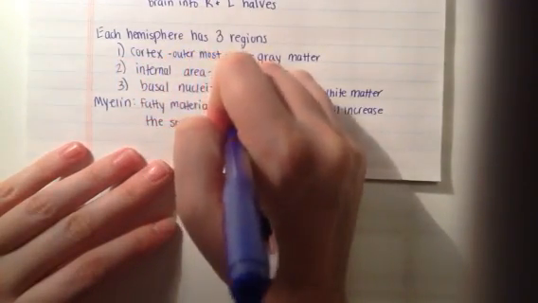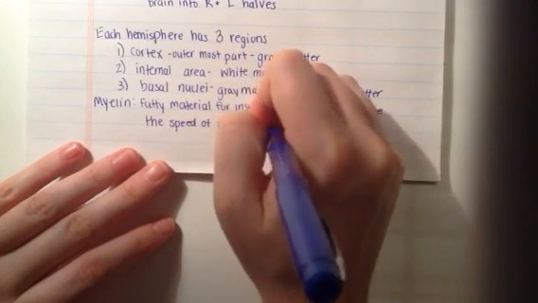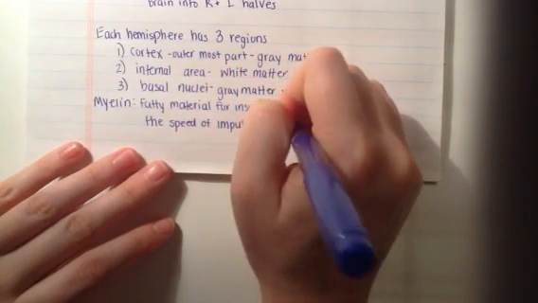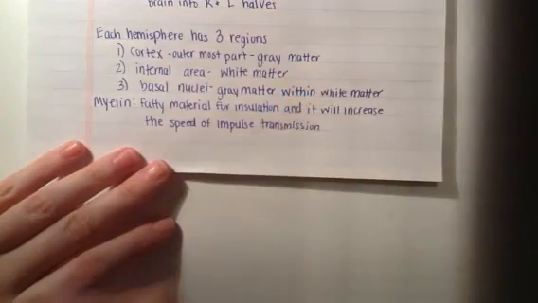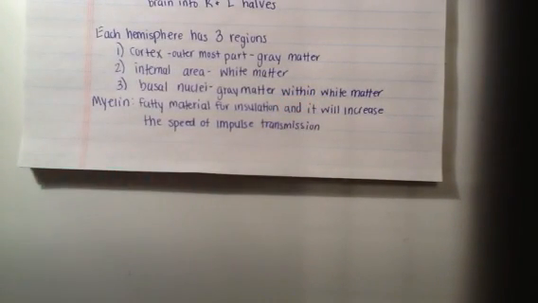of impulse transmission. So when an impulse has to travel from a nerve to the brain, and then from the brain down a nerve to a muscle, for example, then it's going to have to travel pretty fast. Whenever I touch the hot oven, like I mentioned yesterday, you need to have that impulse travel really fast so that you can get your hand away from it and you won't damage your skin.